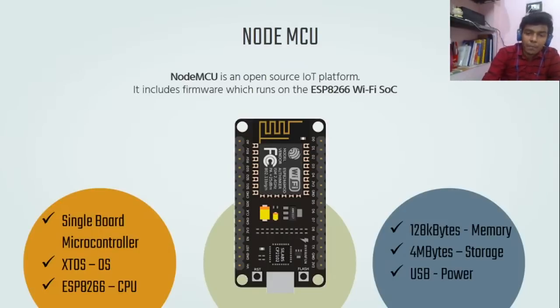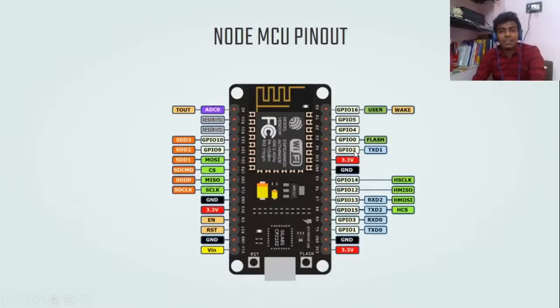These are the NodeMCU pinout. The only thing you should remember is that it has 8 digital pins, like D0, D1, D2, D3, likewise up to D8, and only one analog pin, which is A0.